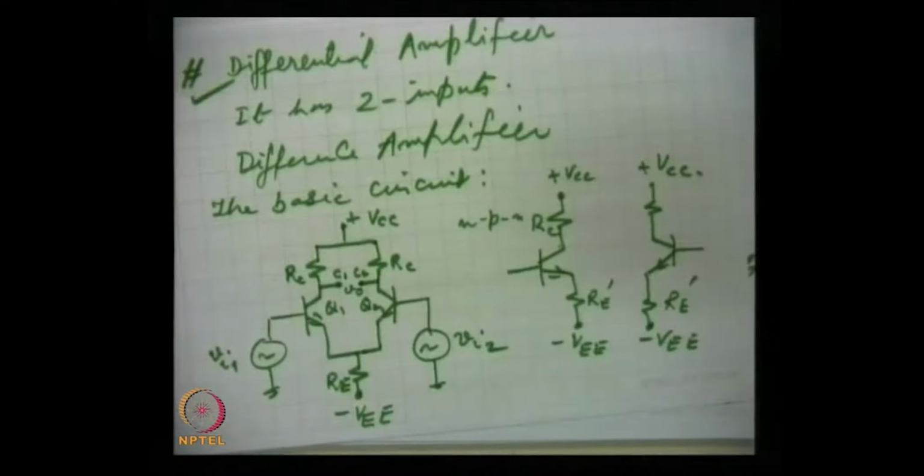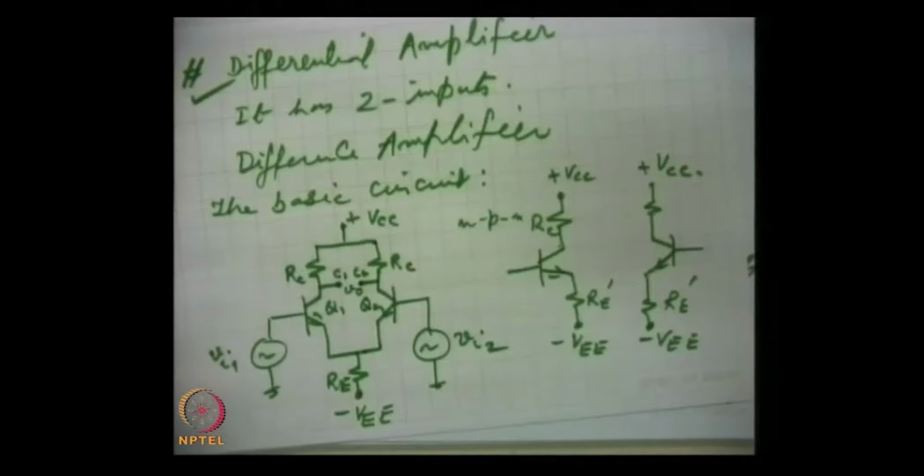Now, for any amplifier there are two types of analysis we are supposed to carry out. One is the DC analysis, the other is the AC analysis.